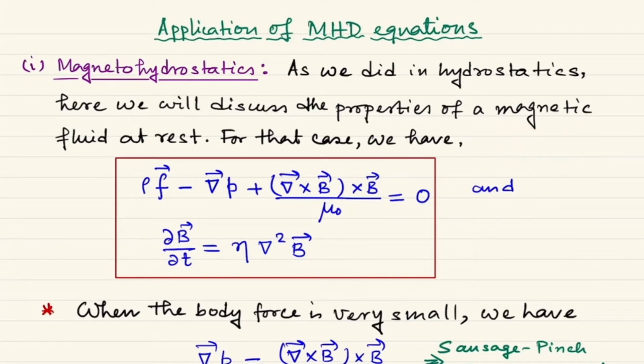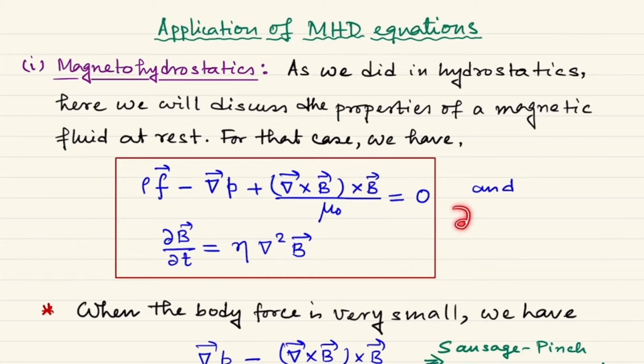If you replace that in the momentum evolution equation, you will simply have rho times F, where F is the body force density, minus gradient of P, the pressure, plus curl of B cross B by mu 0. That is the Lorentz force term.